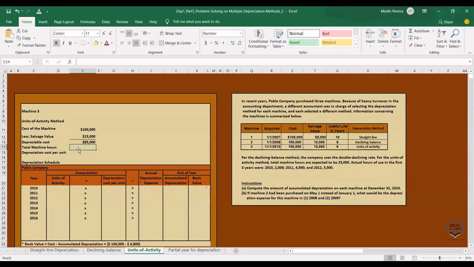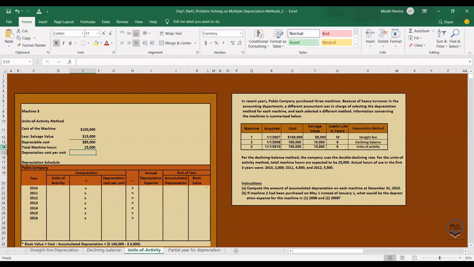Now, since we are doing the units of activity method, we need to find out the depreciation cost per unit. In order to do so, we need the figure of the total machine hours that is expected from machine 3, which is 25,000 here. So we will just write that down.